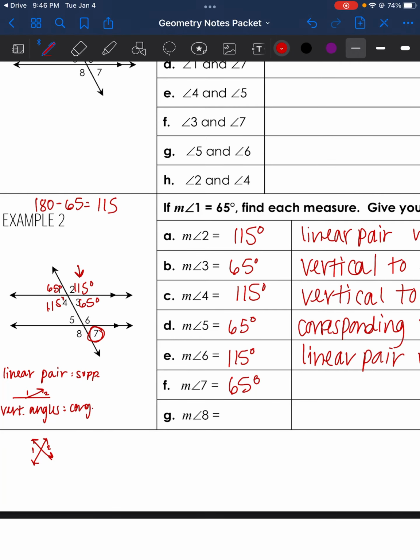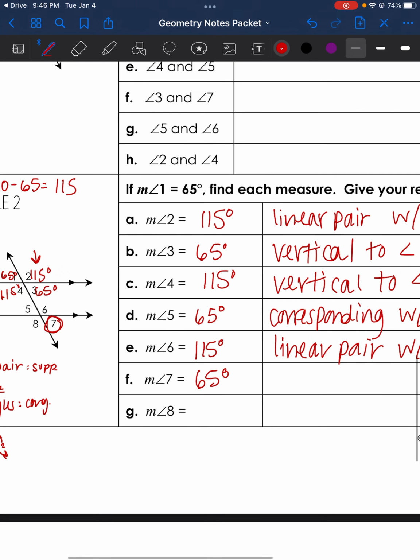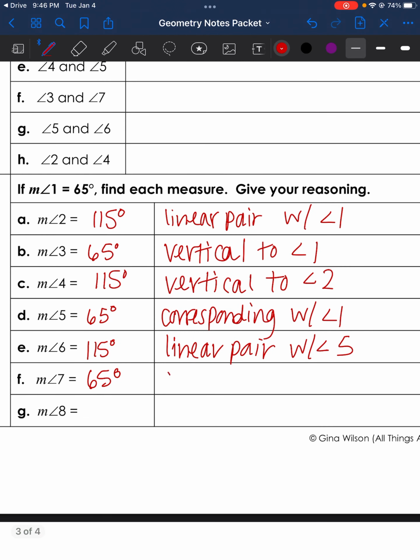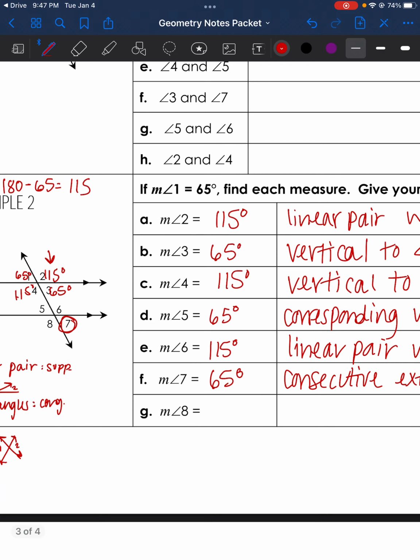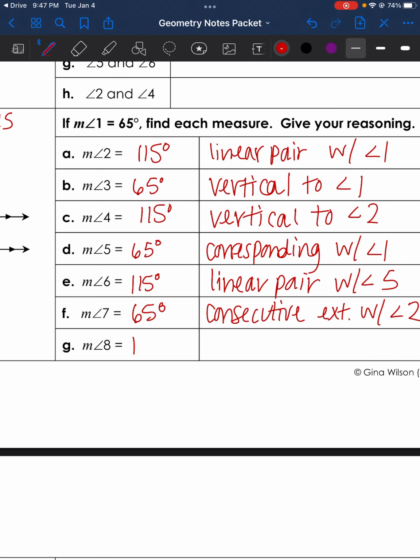Okay, so I'm just going to say here consecutive exterior with angle 2 means it's supplementary. So we know that. And the last one, 8, let's just say this is vertical from 6, also 115 degrees, vertical with angle 6.